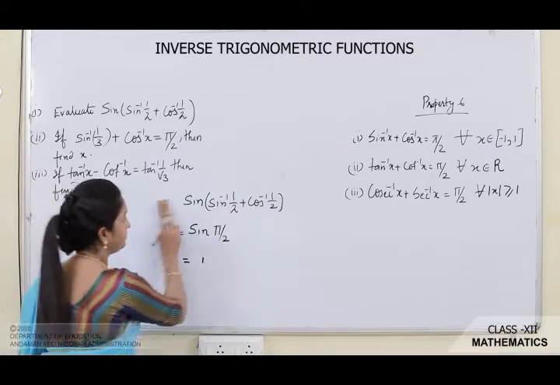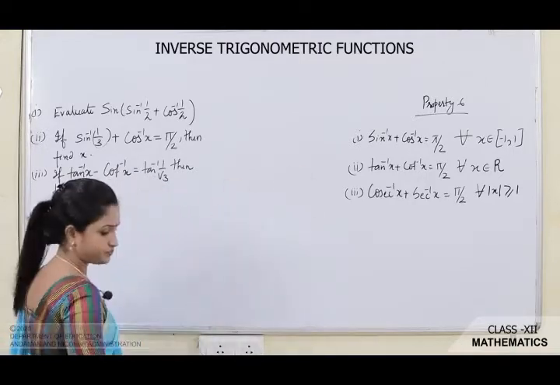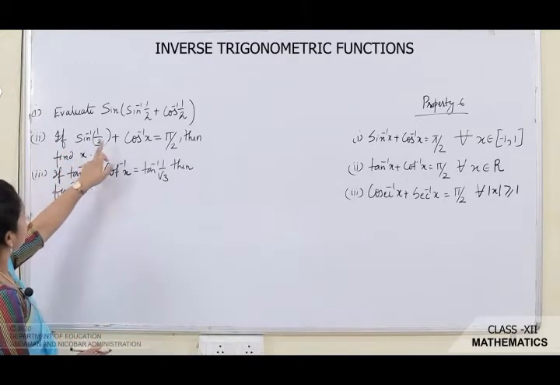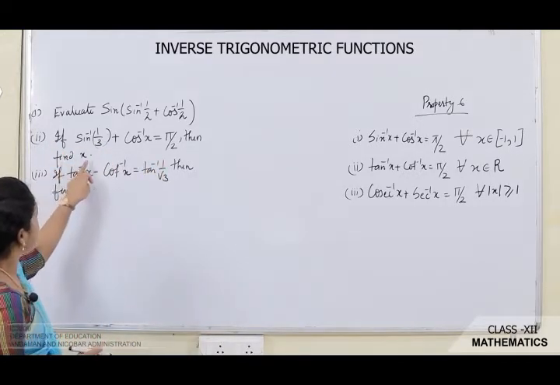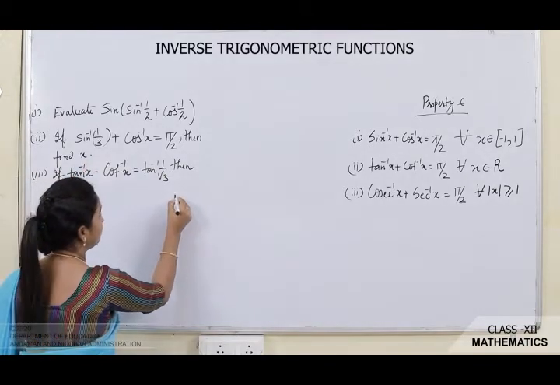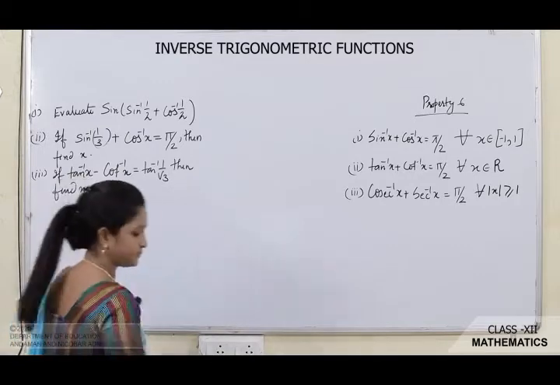Now let's see the second question. If sin inverse 1 by 3 plus cos inverse x is equal to pi by 2, then find x.